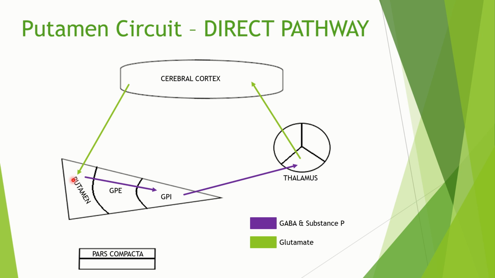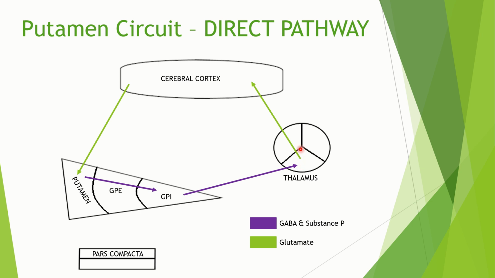So when the striatopallidal fibers are stimulated, GABA is released in the globus pallidus internus, and that is going to inhibit the pallidothalamic fibers. And thus, by inhibiting the inhibitory fibers, the net result is going to be stimulation.